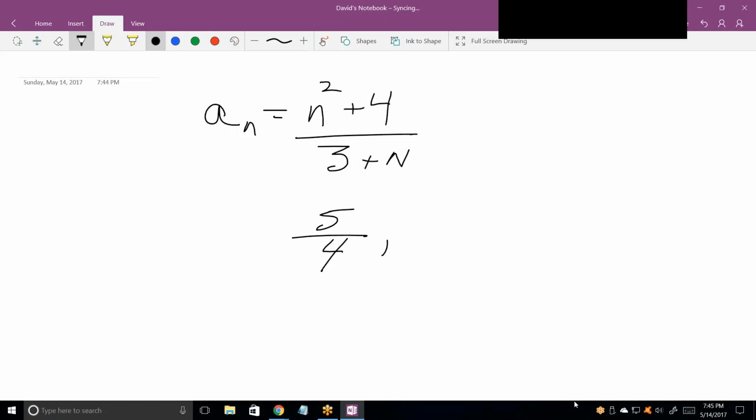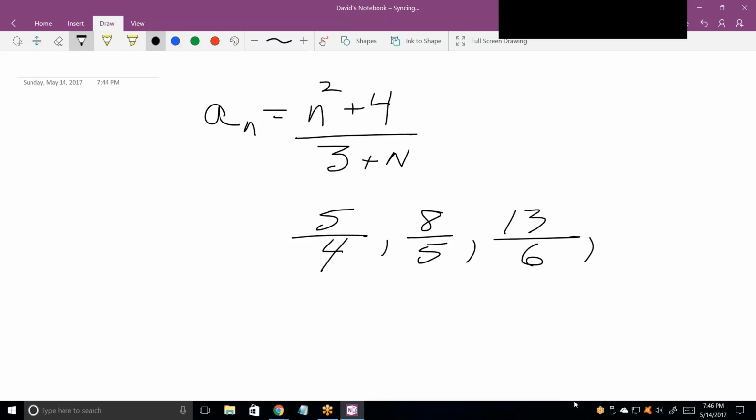Let's see, when n is 2, we have 8/5. So we appear to be growing. Notice the top's always going to grow faster than the bottom. Oh, so it's going to be divergent. It's going to be divergent because this is always going to grow. Right? Every term is bigger than the previous one.